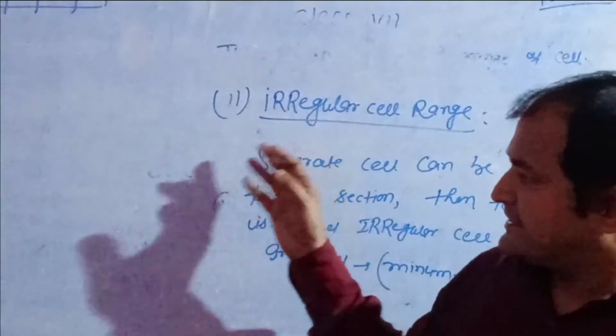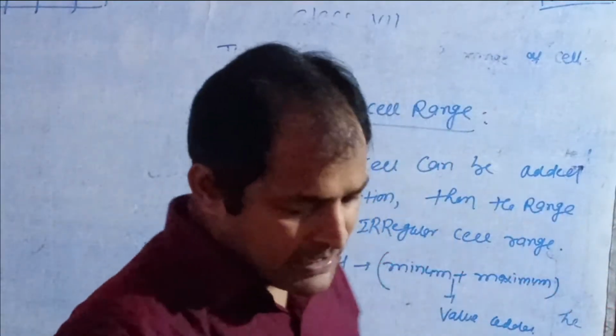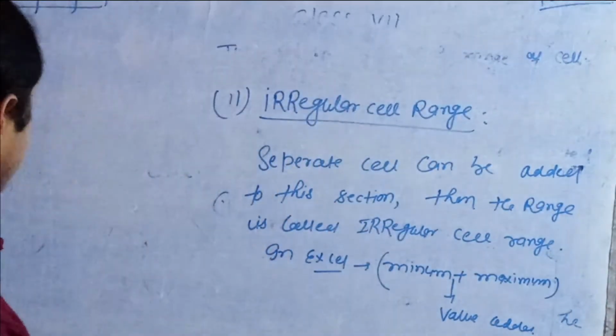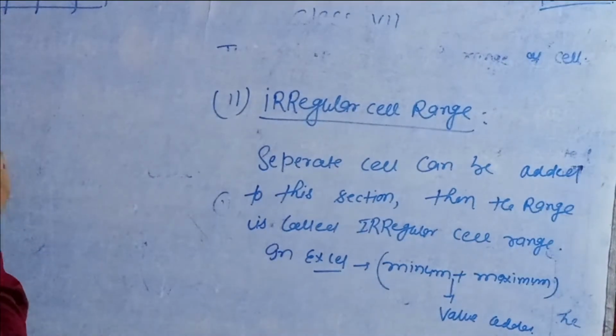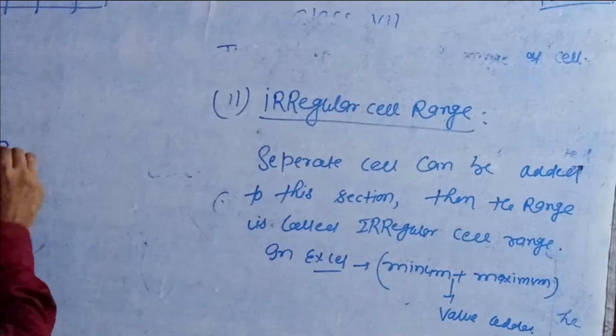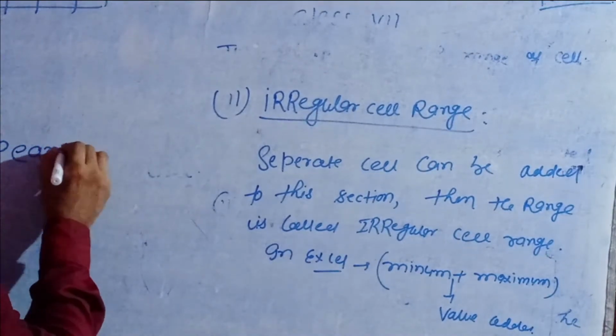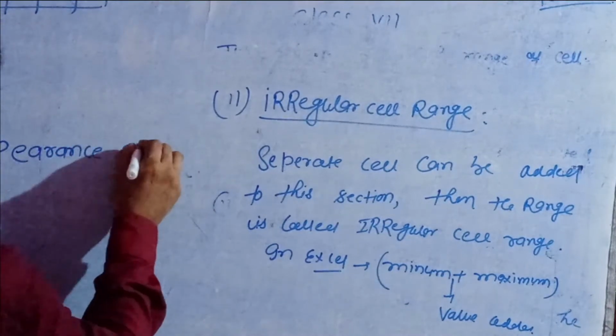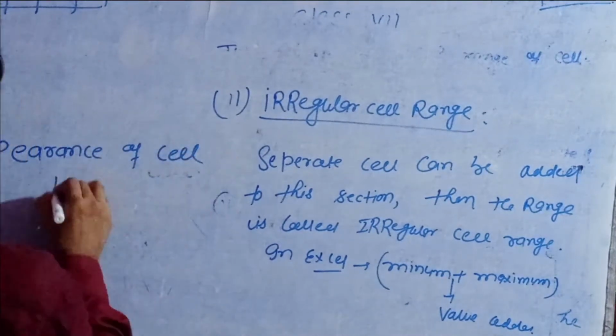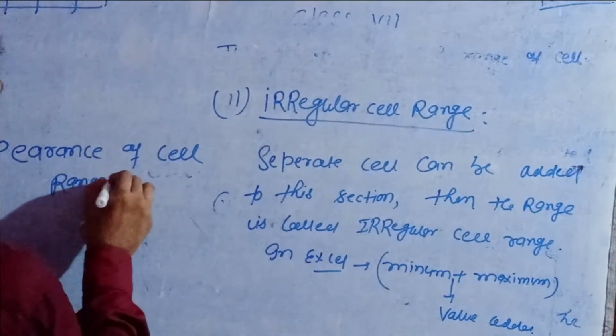First of all, I discuss the appearance of cell range. What is the appearance of a cell range?